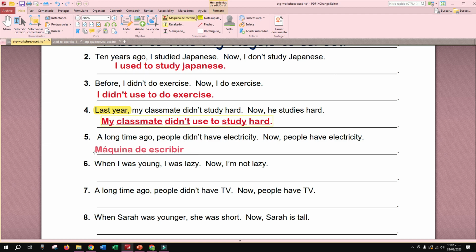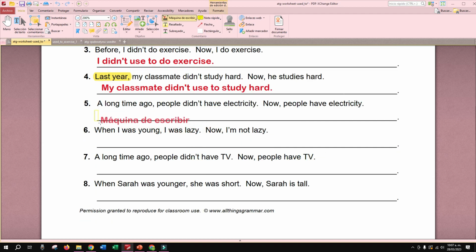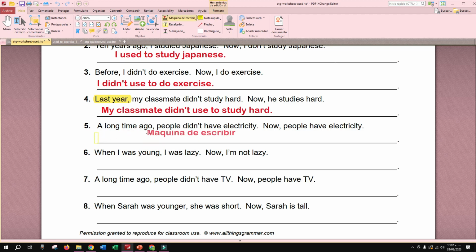Excellent. Number 5. A long time ago, people didn't have electricity. Now, people have electricity. So, tell me, which could be that one?